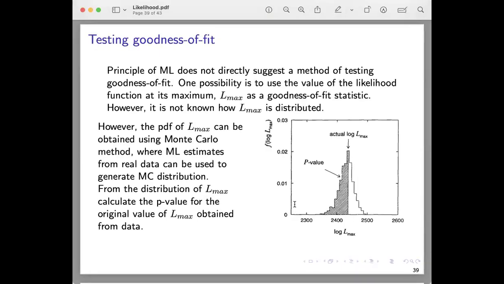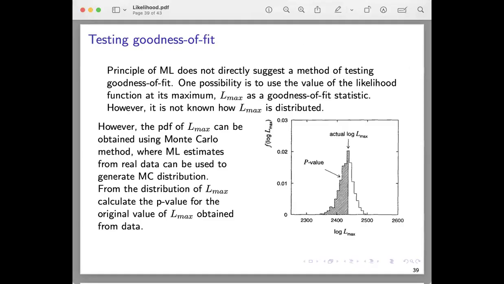Okay, I'll come back to this goodness of fit test after I discuss the chi-square, because that will be a bit easier than this. Let me first go to chi-square, the least square method, because we'll be using the chi-square test statistic again, even in the case of maximum likelihood.